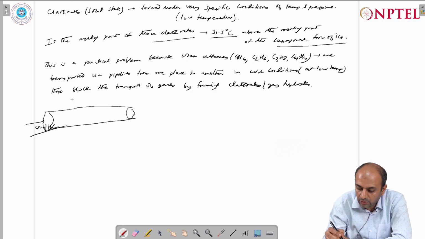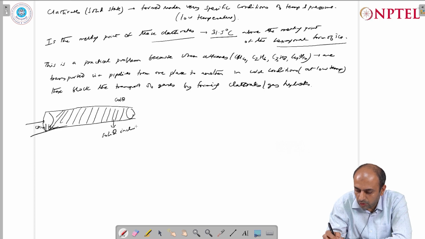Now when the outside temperature is very cold, and you have moisture or water present inside these tubes, then water combines with this methane to form gas hydrates, solid state structures, and these essentially fill up the entire pipeline. So these form a solid inclusion complex.